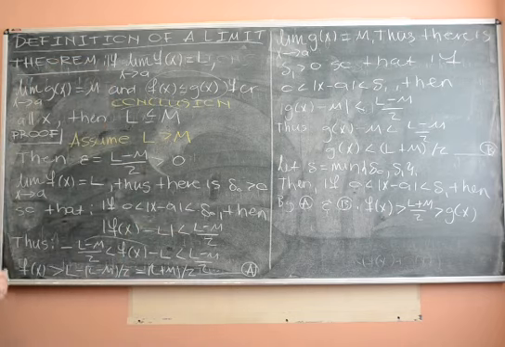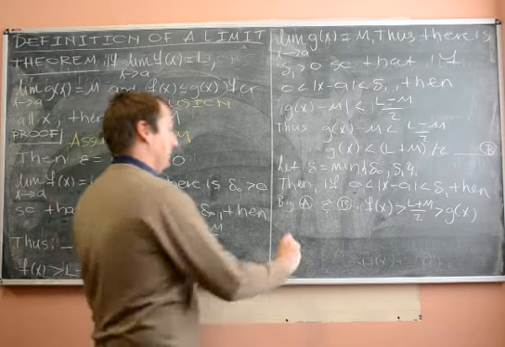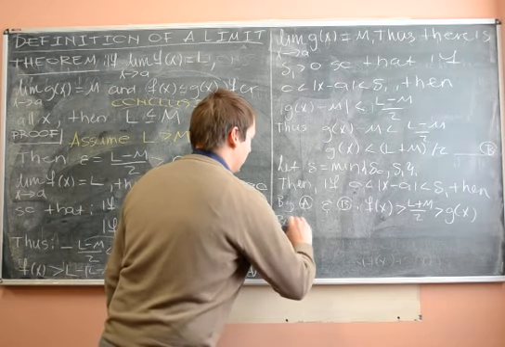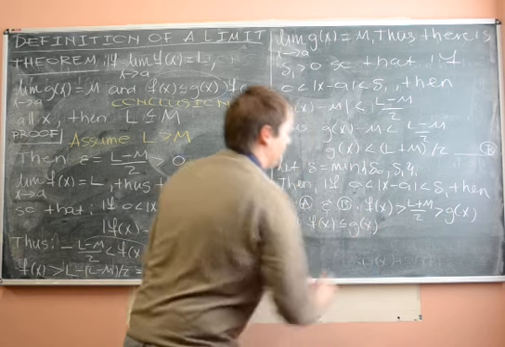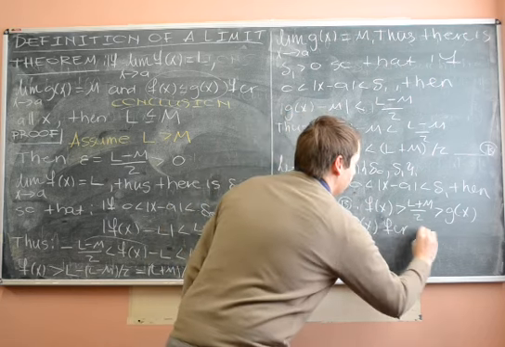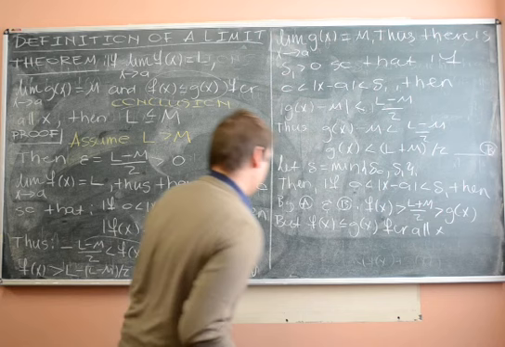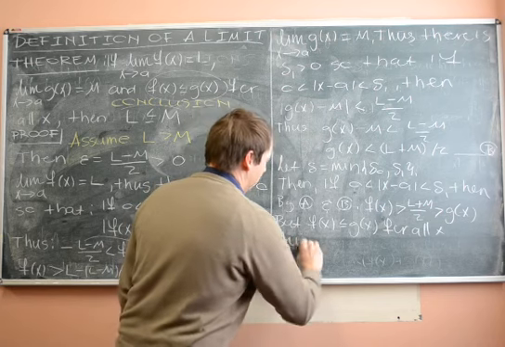because we assumed that f of x is less than or equal to g of x for all x. And this is a contradiction.